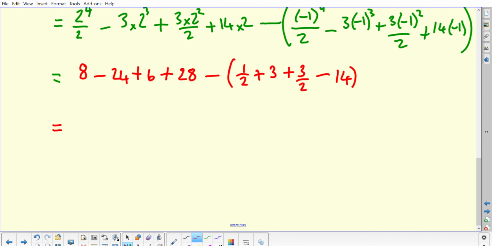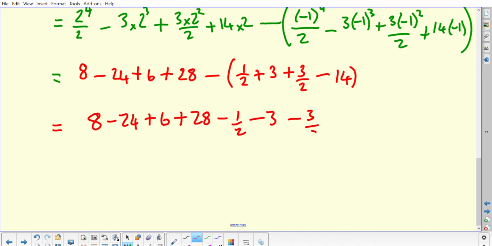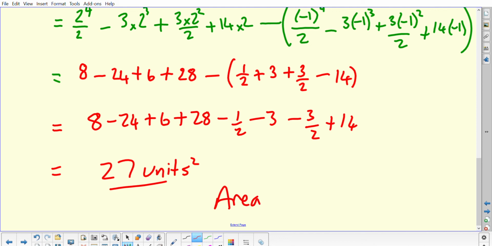You could multiply out your brackets. You could leave it all as one big sum: minus a half, minus 3, minus 1.5, plus 14. You could try and tidy that up as best you can, but your final answer should be 27 units squared because it's area. Or you can write at the end: the shaded area equals 27 square units, and that's it.